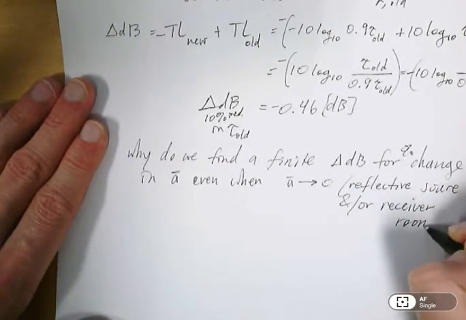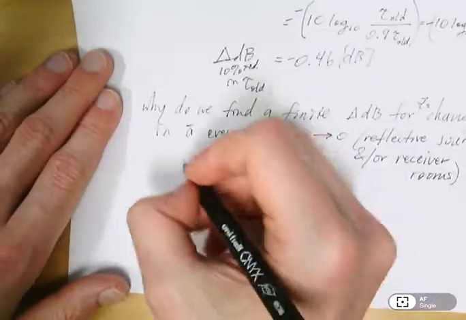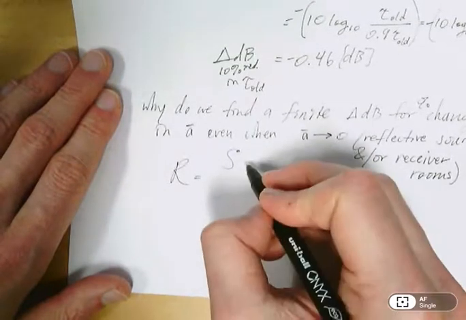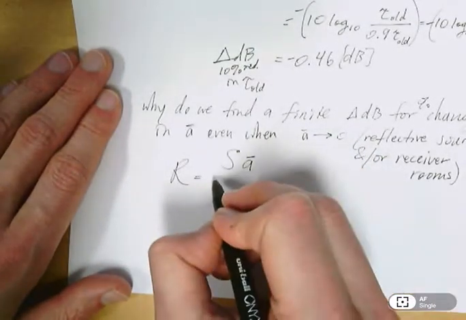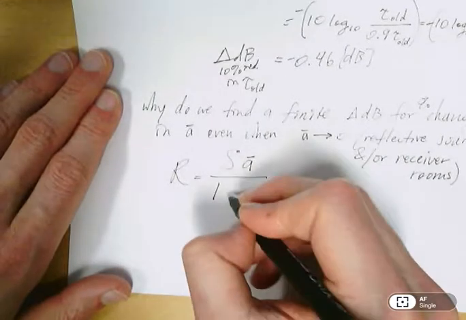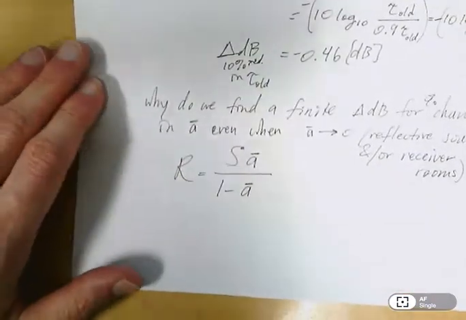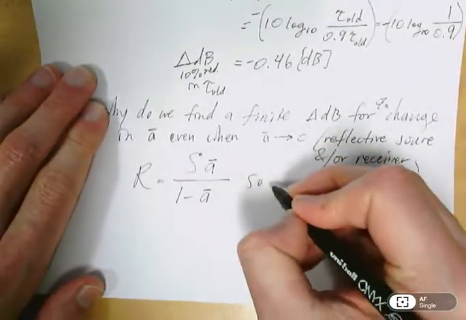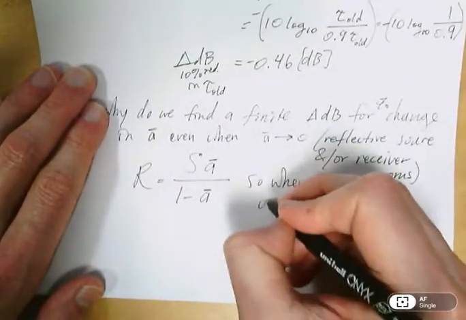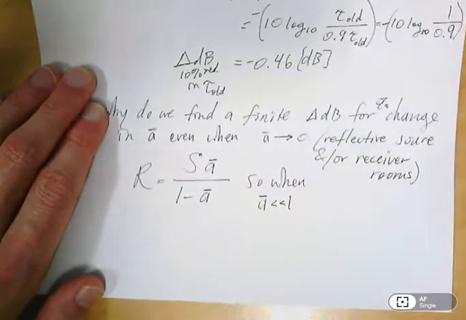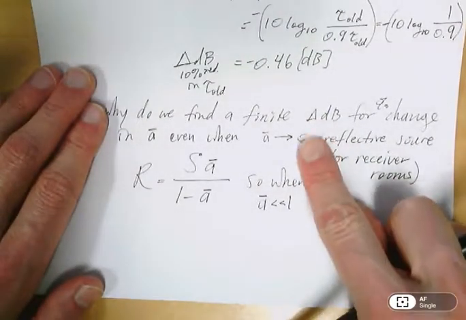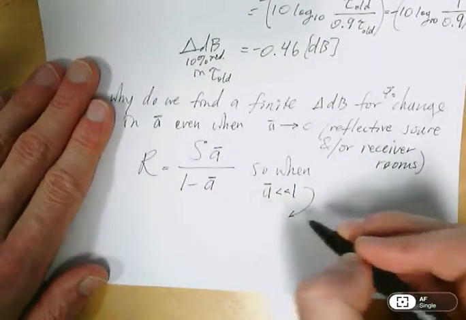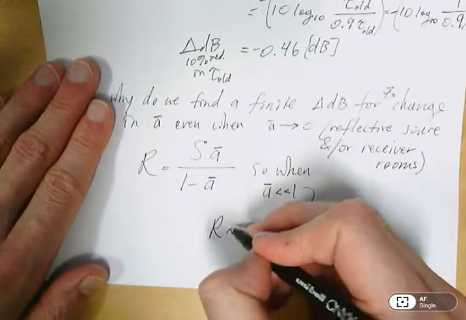Well, the room constant is the area times the mean absorptivity divided by 1 minus the mean absorptivity. So when A bar is much less than 1 and approaches 0, R is approximately S times A bar.